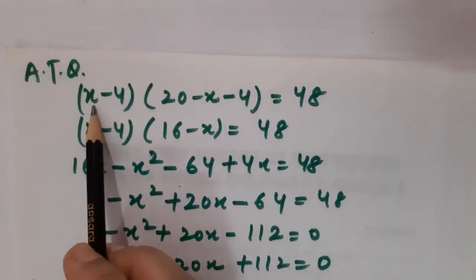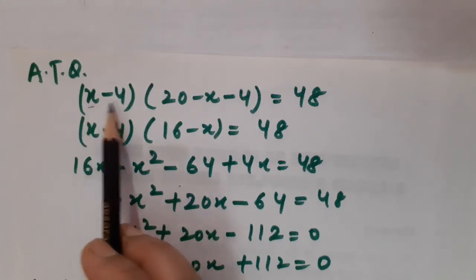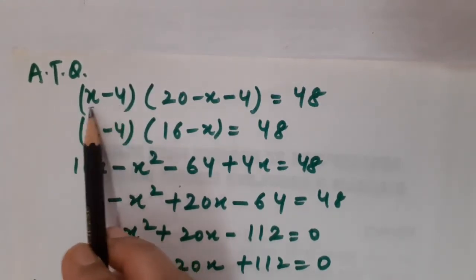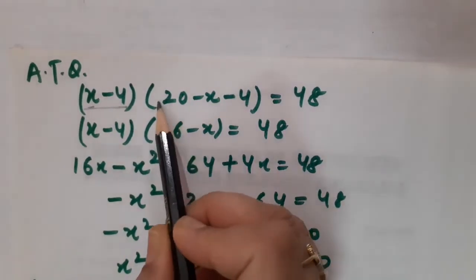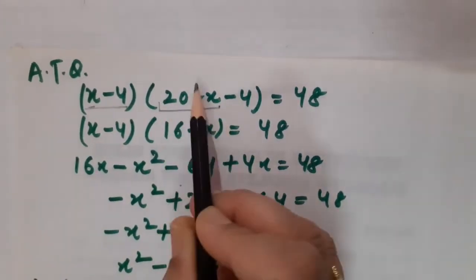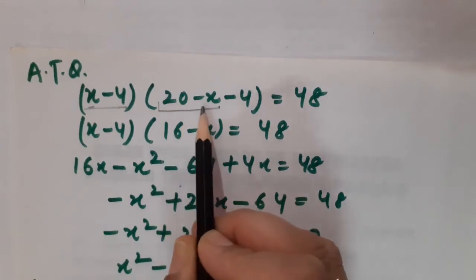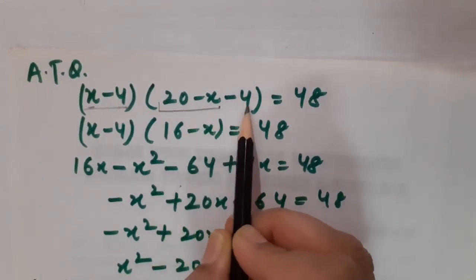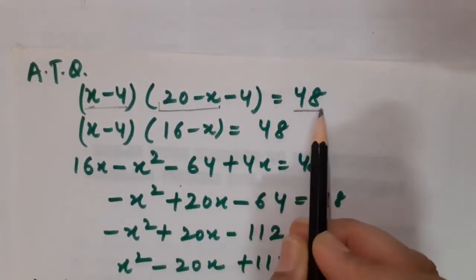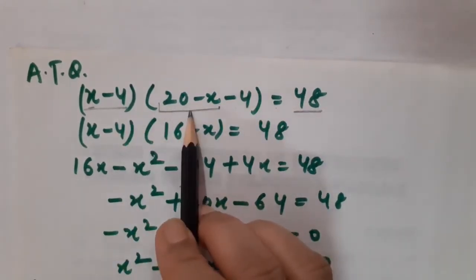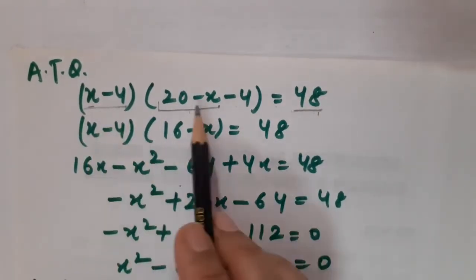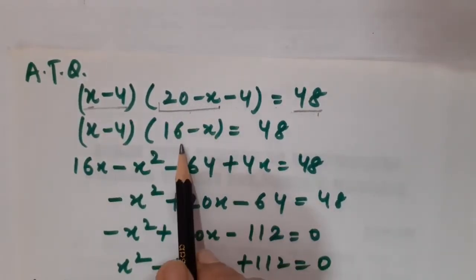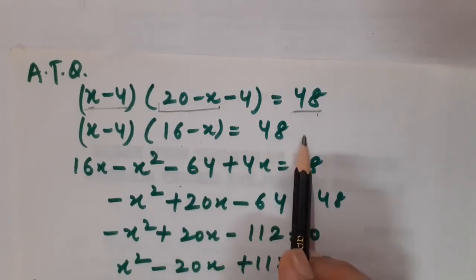Suppose the age of one friend was x years, so definitely 4 years ago his age was x minus 4 years, and the age of the other friend was 20 minus x minus 4, so 4 years ago his age was 20 minus x minus 4. The product of the ages of both friends 4 years ago is given as 48. Correct? So this is x minus 4 into 16 minus x is equal to 48.